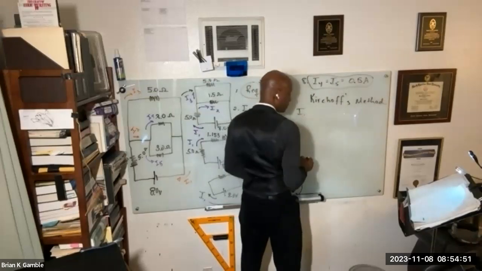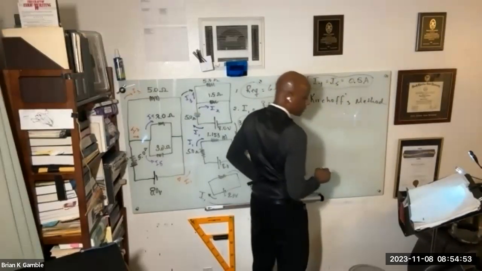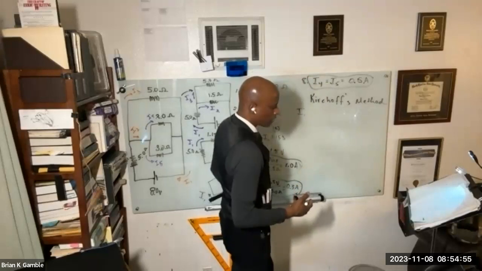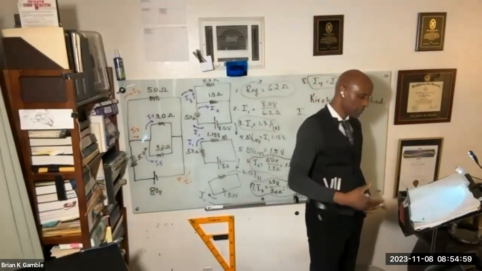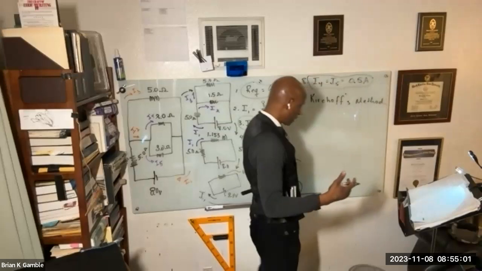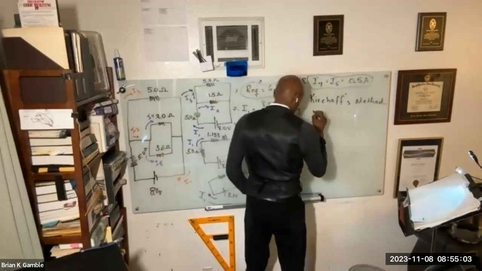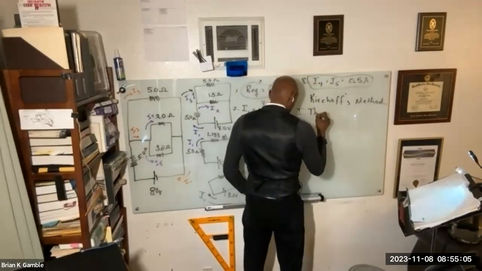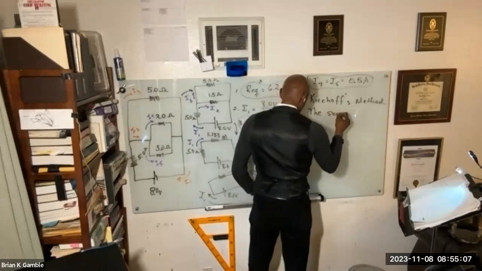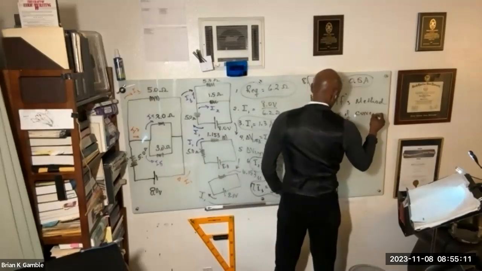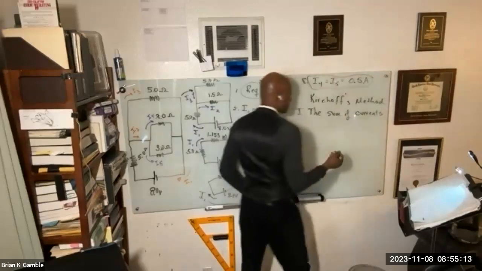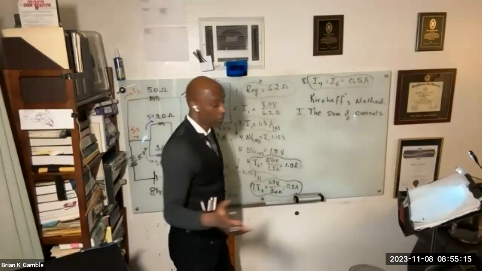The first rule is the current rule or the nodal rule, which is that the sum of all currents entering a junction must equal the sum of all currents leaving the junction. Or otherwise, there's a violation of charge conservation.